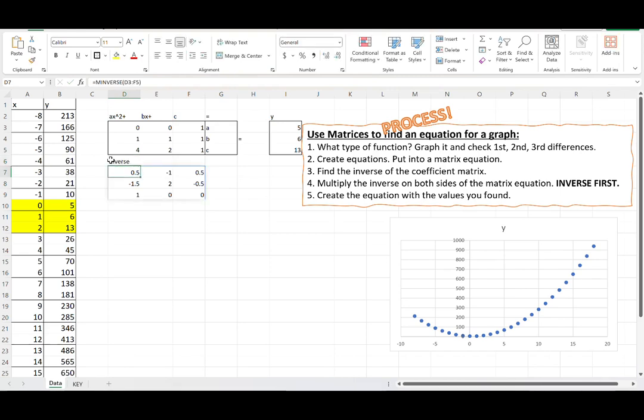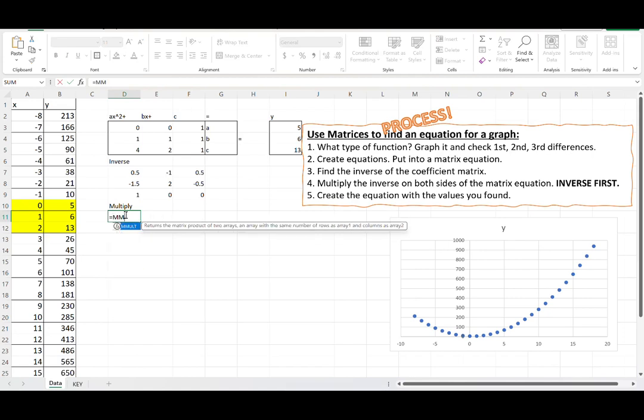Step 4, multiply the inverse on both sides of the matrix equation. Inverse first, so I always want to put that in. Okay, so that function was minverse that we used in Excel. This next one is going to be multiplying, so let's label that. That's our next step. So equals MMULT.